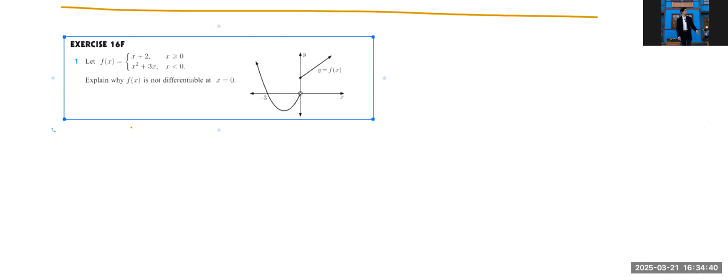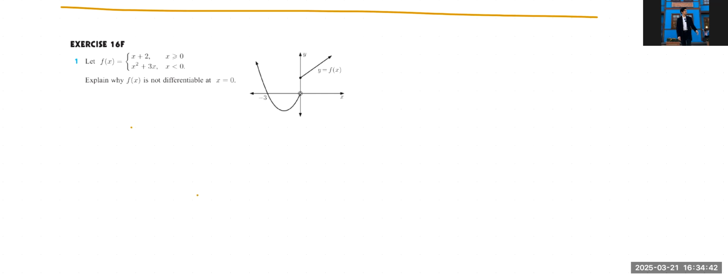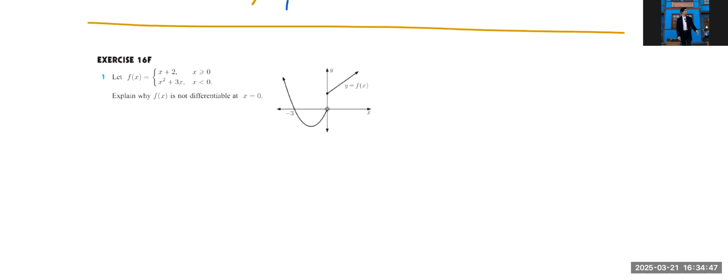Now, I'm going to teach you about differentiability and checking for differentiability by using this example. A function is differentiable at any given x value if the derivative from the left side and from the right side is the same using the limit definition of the derivative. What does that mean? Very long sentence.